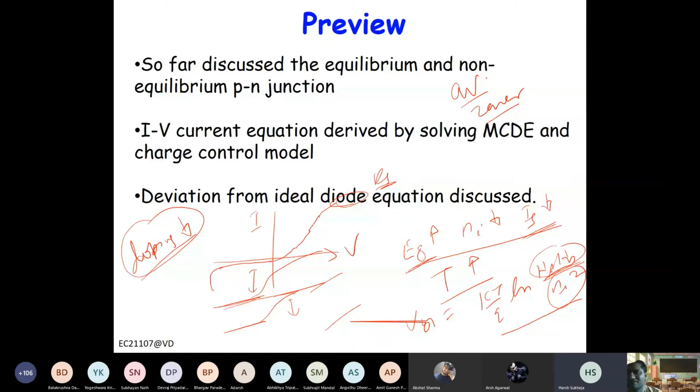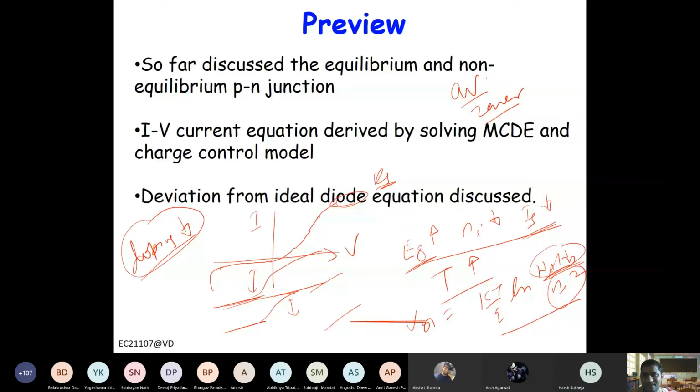Even avalanche breakdown can happen at a smaller voltage. That is possible. The intrinsic carrier concentration being higher is a design consideration, but it is not stopping the avalanche breakdown from occurring. See, if you apply high enough voltage, they can accelerate and knock out.